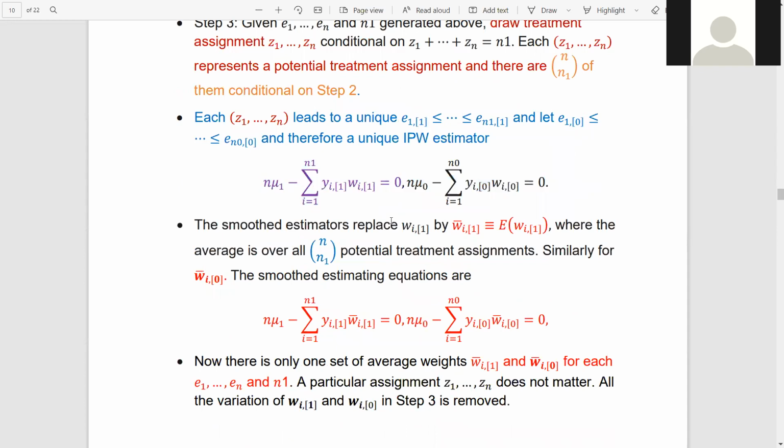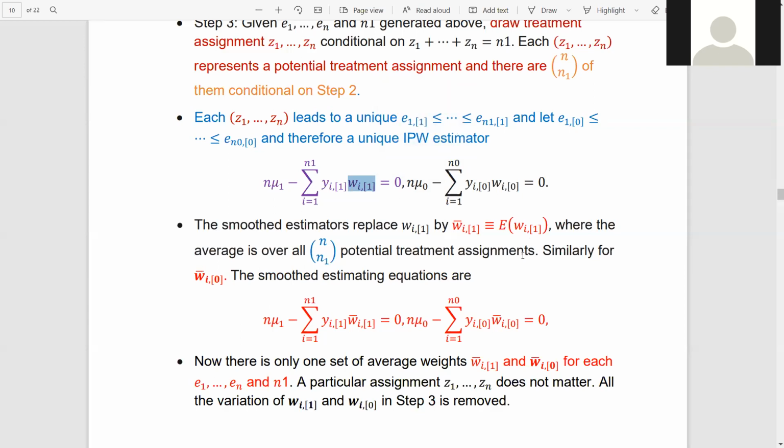So now the smooth estimator, the idea is very simple. Instead of using this WI1 and WI0, you just use the expectation. So you just get its mean. So you replace these original weights by their mean. So this average is over all these n over n1 potential treatment assignments.